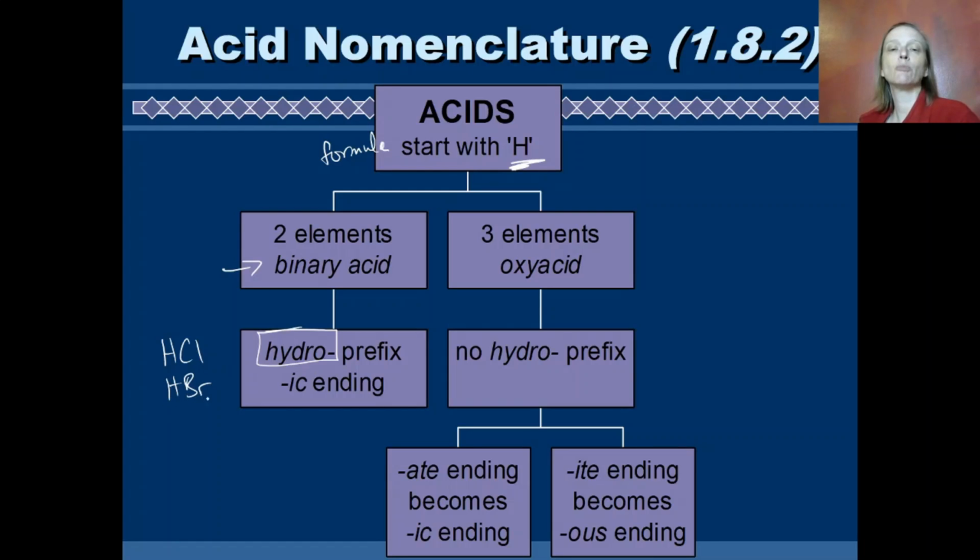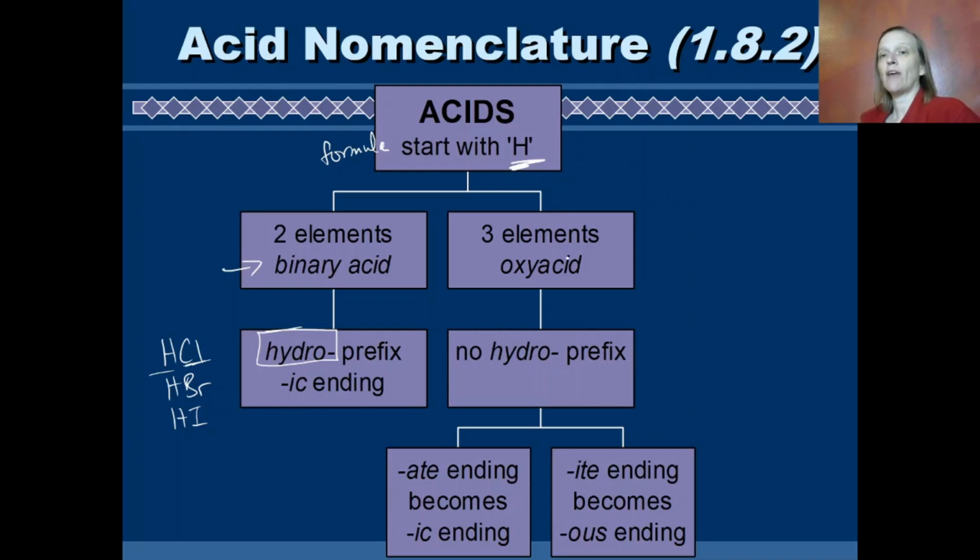HBr is hydrobromic acid. HI is hydroiodic acid. So you use a hydro prefix, then you say the element, but you change the ending of the element to ic, and then you say the word acid.